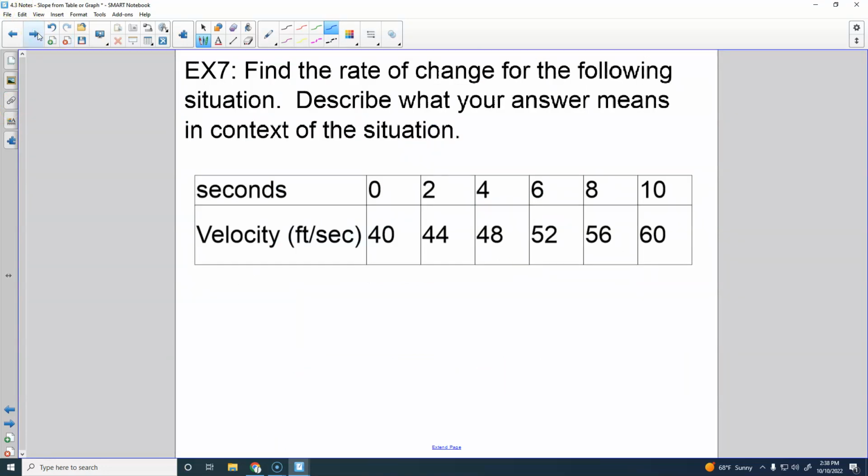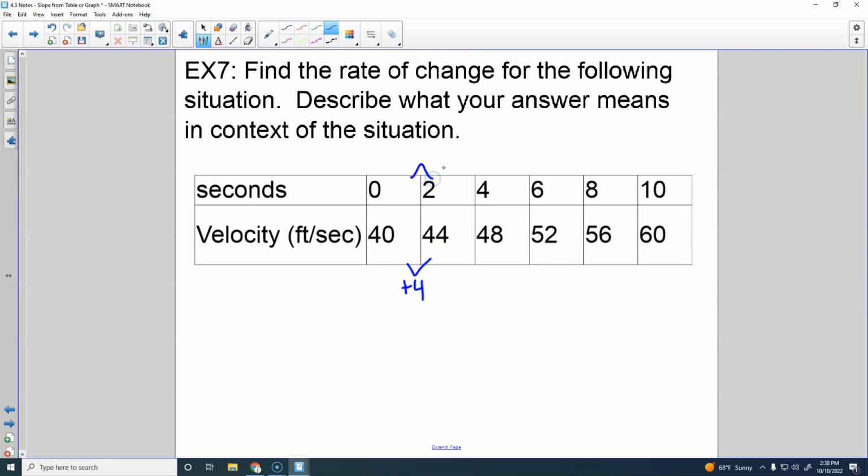Okay. All right, hopefully I've done this one right. I think it looks better than my other one. Okay. All right, so we're looking for rate of change. Same thing, describe it within context of the situation. So, Aiden, what would I do for this problem? Okay, good.